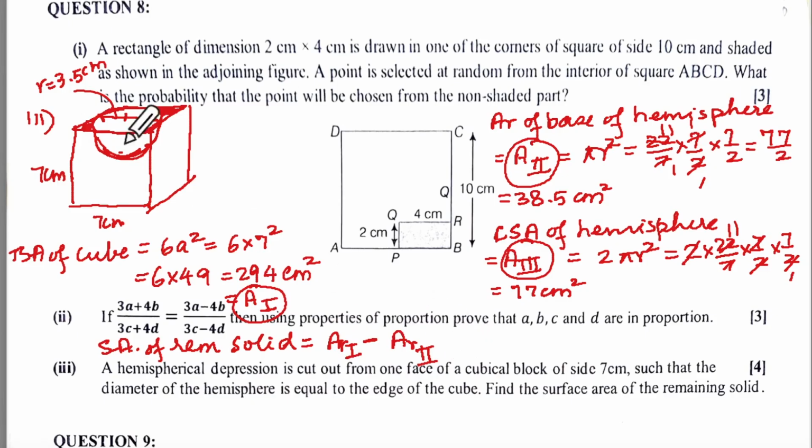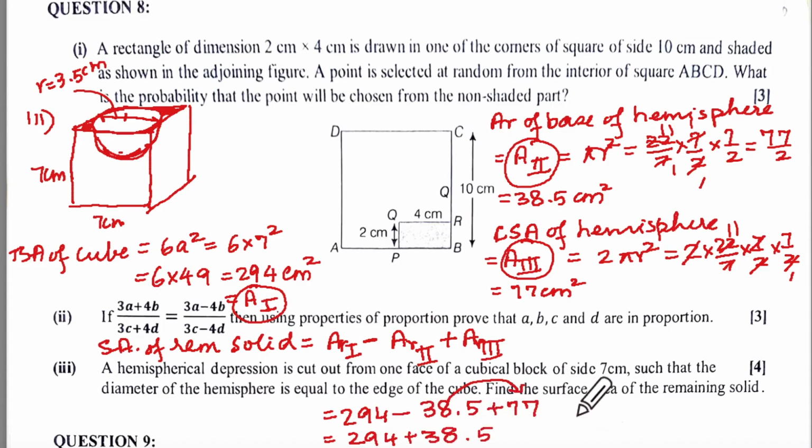Yes. And then add the CSA, means plus area 3. Area 1 is 294 minus 38.5 plus 77. Now can you see, this is half of this. So I'll get 294 plus 38.5. How much would that give us?